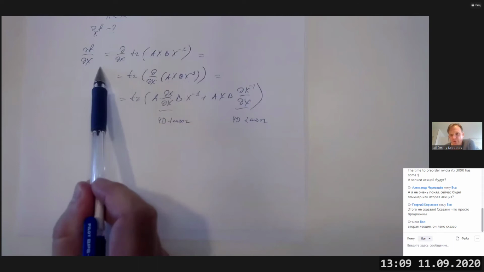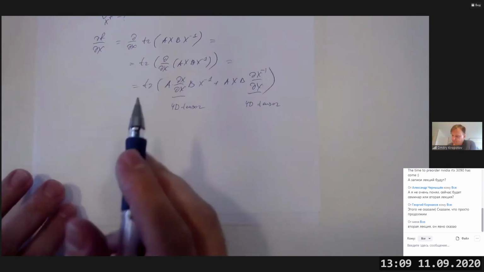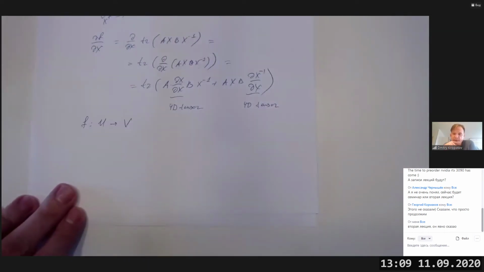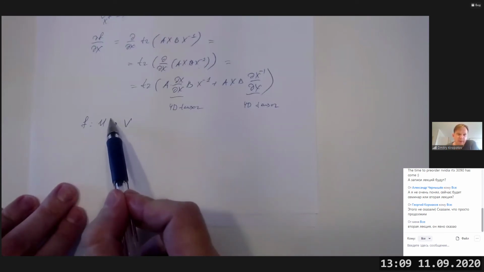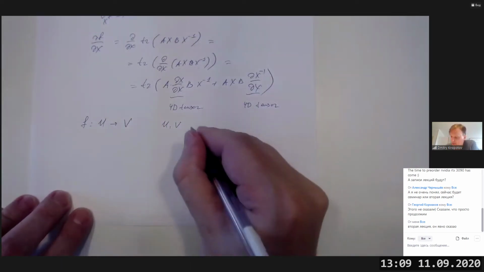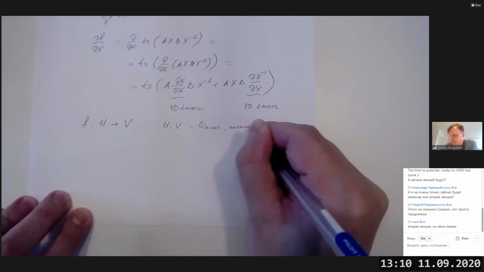So instead of the partial derivative of our function with respect to each input, we need to consider what is called a differential of a function. And in terms of a differential, the dimension would be preserved. So in an informal way, suppose that we consider any transformation, any function from some space U to space V. And for this U and V, we require that they should be linear normed spaces.